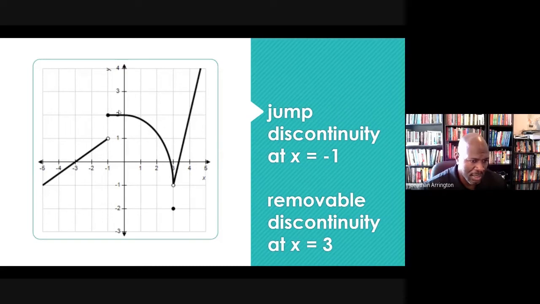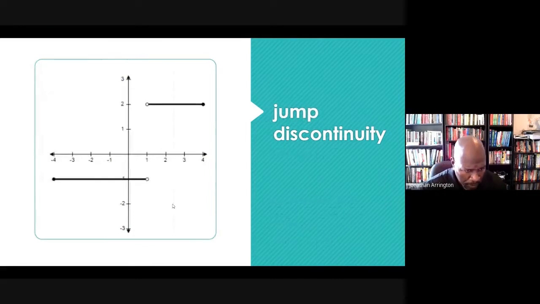That's what makes this non-continuous. And again, when you see the whole function jump from one value to another, whether up or down, that's a jump discontinuity. If you just see an open circle and then a closed circle somewhere else, that's going to be a removable discontinuity.